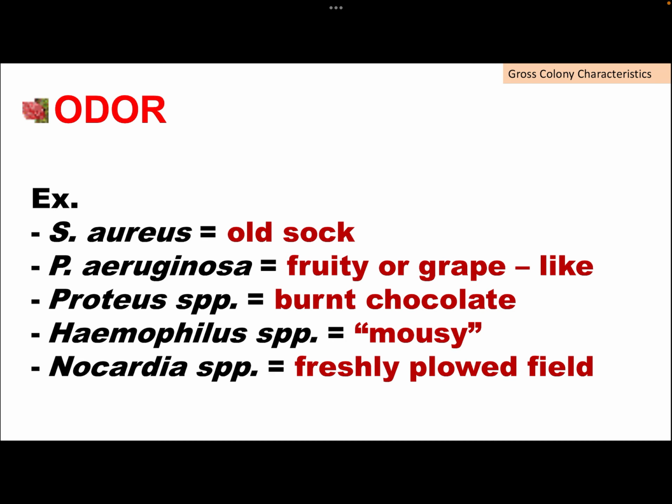Proteus, burnt chocolate. Haemophilus, mousy. And Nocardia species, freshly plowed field. So it's up to you how to recognize the odors of the microorganisms. Usually we don't intend to smell this, but when we open the plate and the odor is distinct, usually the odor will just disseminate. And do not inhale the culture directly, of course.